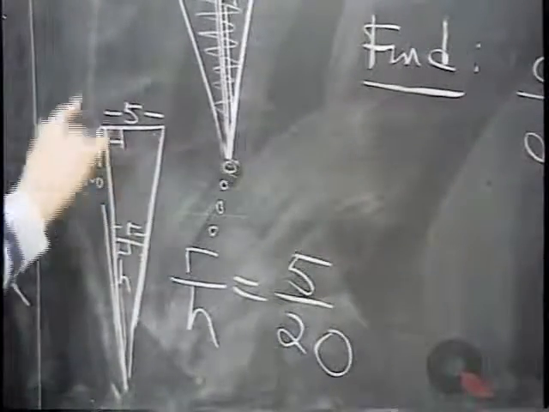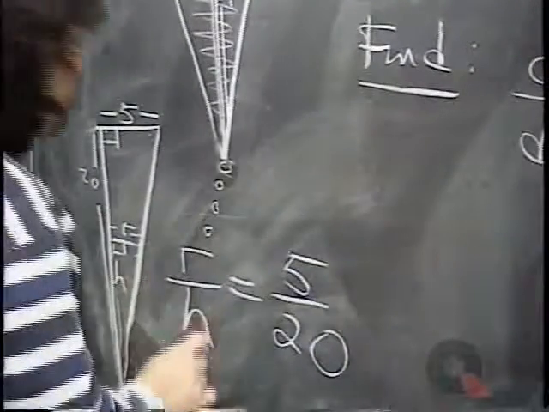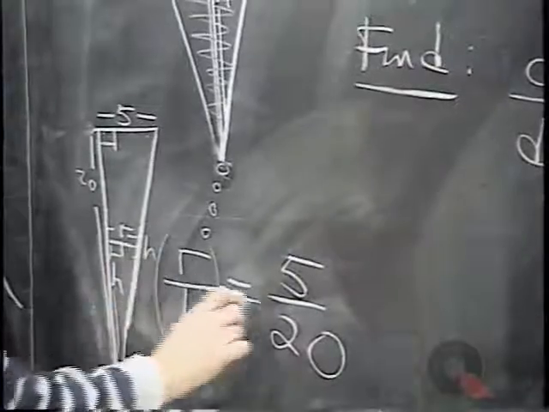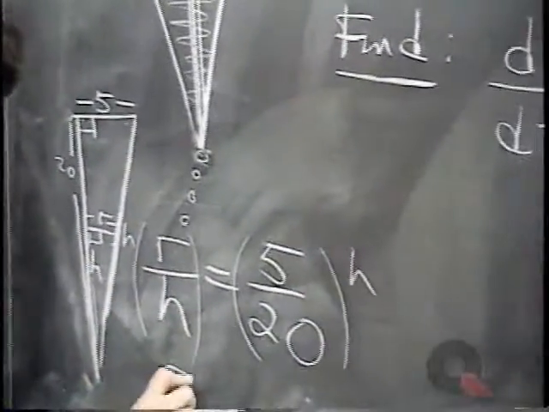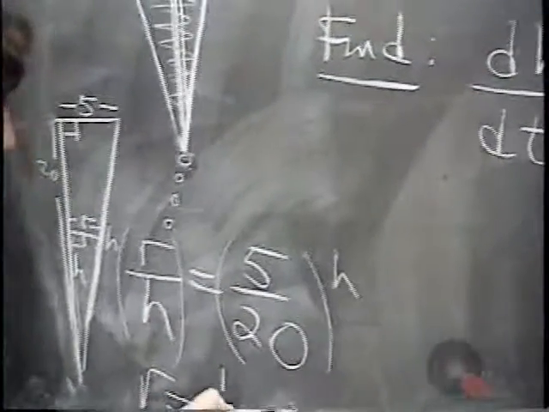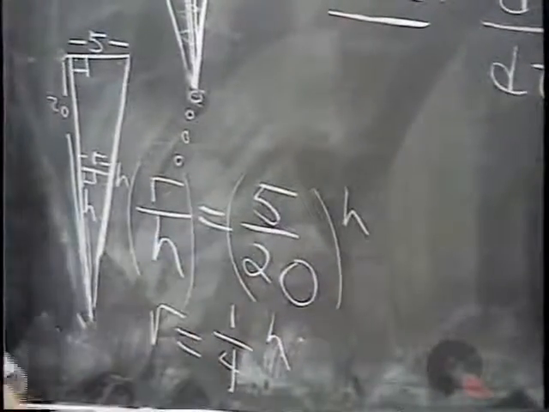R is to H as 5 is to 20, or multiplying both sides of this equation by H. We multiply the left side by H and the right side by H. The H's cancel here. We get R is equal to 5 over 20, or 1/4 H. 5 goes into 20 four times.